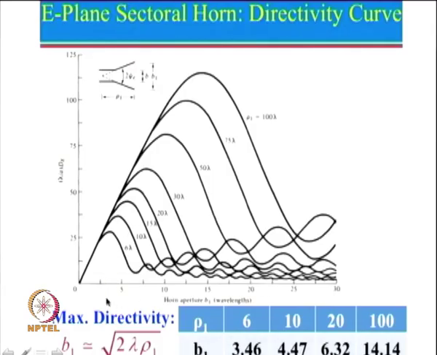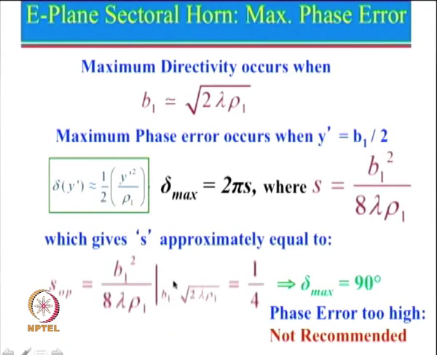Through the derivation we saw that delta max of 90 degrees is the value for which directivity is maximum. However, I do not recommend this much phase error, because it reduces the efficiency of the antenna, so we generally recommend a phase error of about 45 degrees.